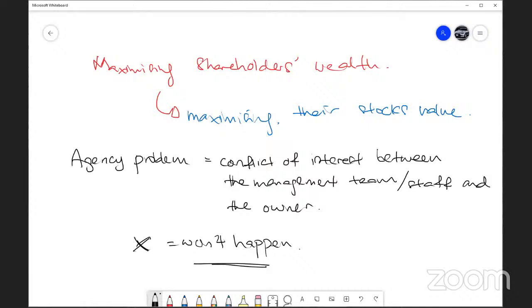Owner doesn't guarantee you are a shareholder, but shareholders are owners. Okay, shareholders are part of the owners. Does agency problem mean conflict between internal and external people? No. Agency problem is basically a conflict between internal people only. Internal as in the staff and the owner. Okay, so in this case, in proprietorships and partnerships, they are run by the owners themselves.